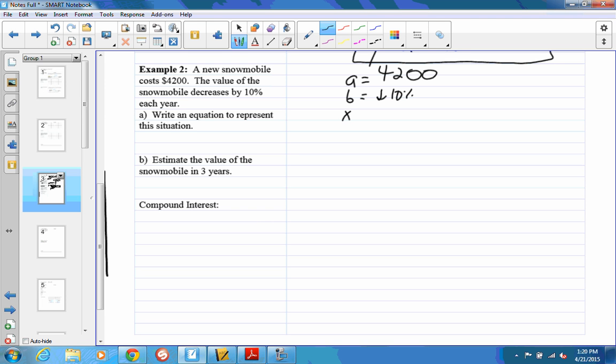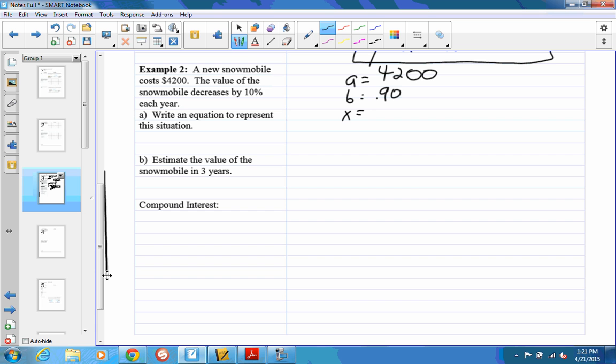If I'm taking away 10% each year, how much am I left with each year? 90%, okay? So if I want to decrease by 10%, my B term is 0.9. If you did 0.10, you then have to take away from 100, right?